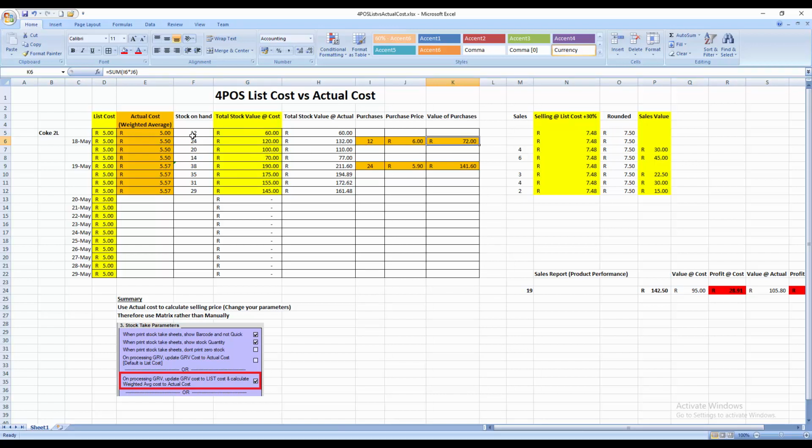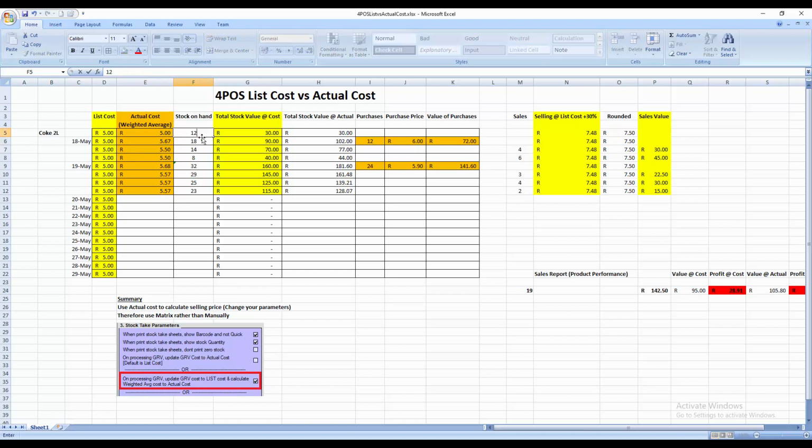In other words, I had 12 plus 12 gives me 24. That now gives me an average cost, a weighted average cost. Weighted meaning it's linked to the quantity that I had in stock. If I now go along and change the quantity on hand, for instance, let's say I only had 6, you will immediately see that my weighted average cost has actually gone up considerably.